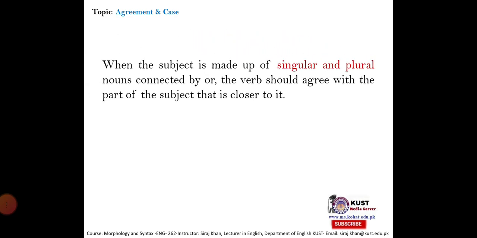When the subject is made up of singular and plural nouns connected by "or", the verb should agree with the part of the subject that is closer to it. The manager or his assistants run. So, the manager or his assistants: the manager is singular, his assistants is plural.